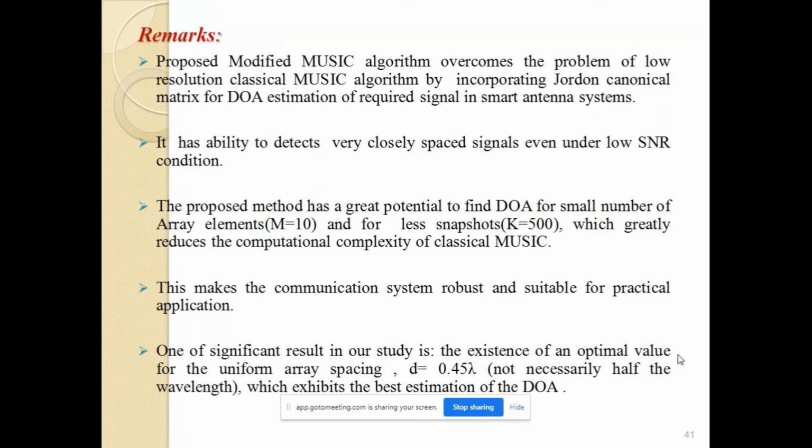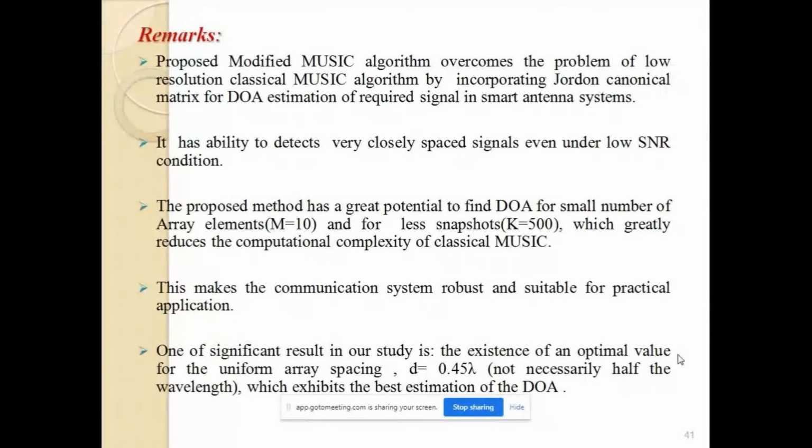Computational complexity is one of the important issues in a smart antenna system or any other communication system, because as complexity increases, it affects the accuracy and resolution of an algorithm, and it demands high cost. So to keep the cost low while having an efficient communication system, using a small number of antennas and small snapshots is the more advantageous part of the proposed method.